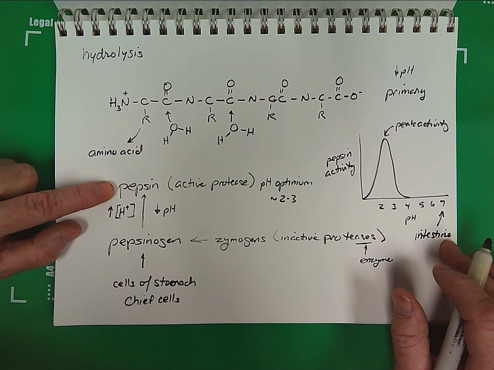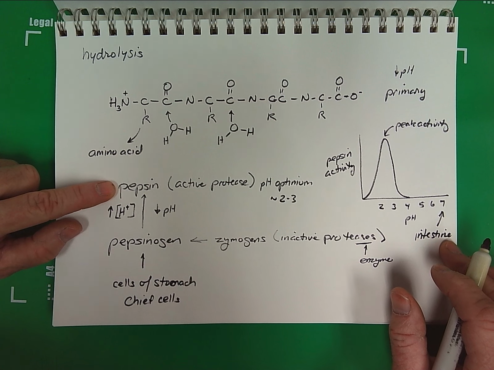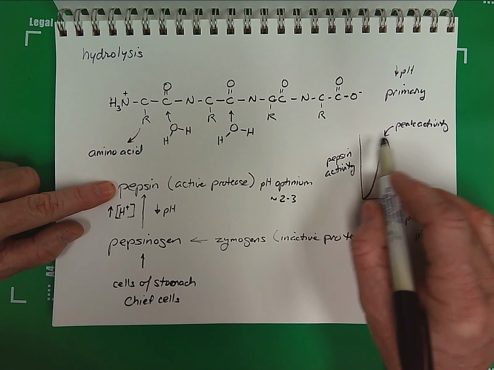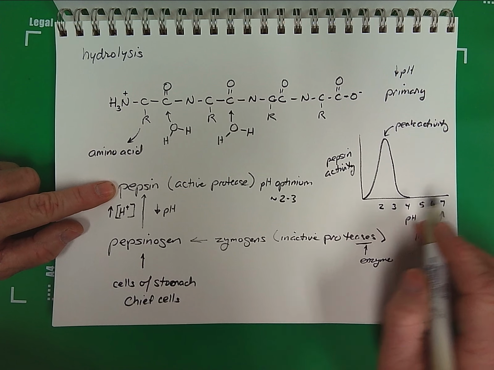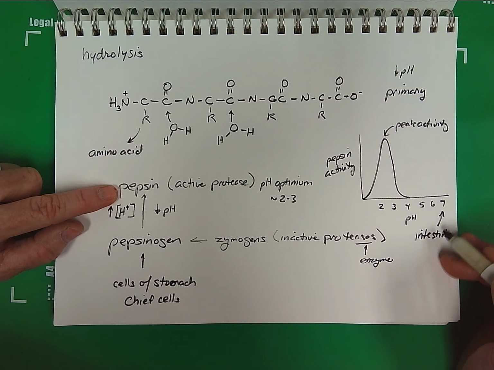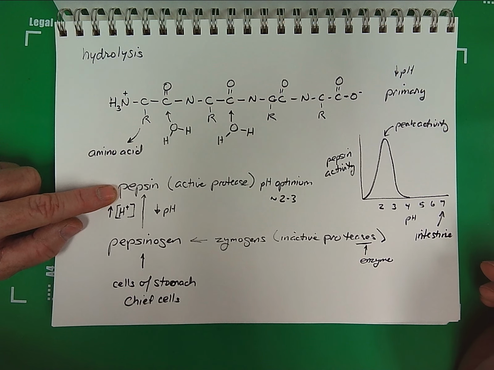We do not want this pepsin active. We have other enzymes we'll see in a later video to continue digesting proteins, but we want this pepsin to become inactivated. So once the enzyme exits the stomach and exits its optimal pH environment, it gets into the neutral pH of the intestine, and the pepsin is no longer active. So it is a self-limiting enzyme.